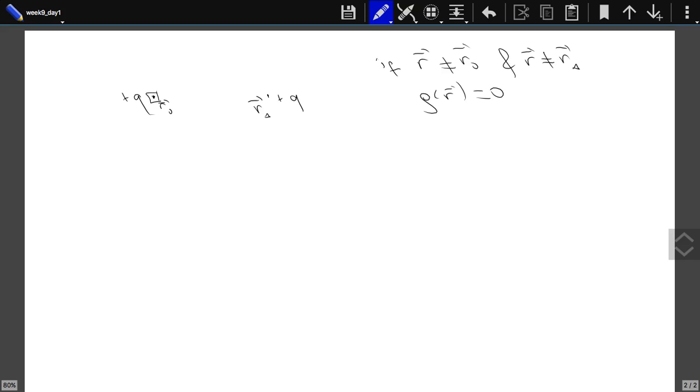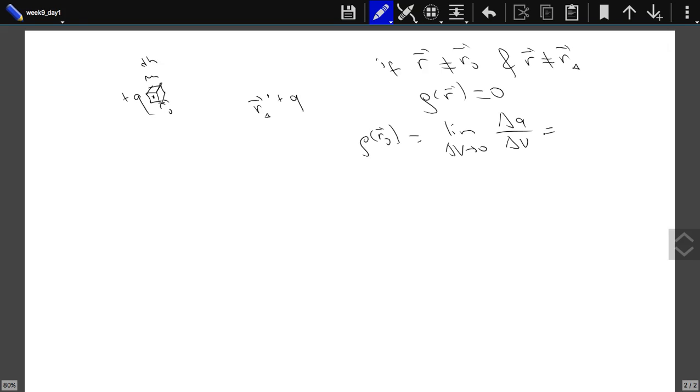Now let's look at this. Let me just take this cube over here. The plus q charge is at the center of that cube with side length dh. Now rho at R0, we can just define it as the limit of delta q over delta v as delta v, the volume, goes to 0. What is the charge of the cube?